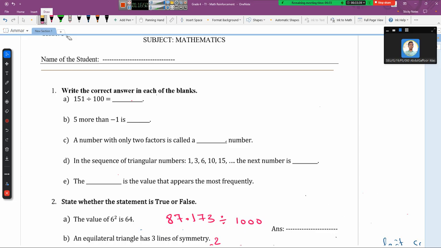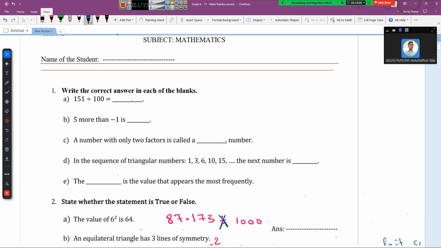Very good, right? So now you have to count the number of zeros in the multiples of 10 that you are going to multiply by, and then by the number of zeros you have to move the digits forward if you are dividing. And if you are multiplying, you have to move the digits backwards in the right hand side. Okay, for example, if I just change this into multiplication, right?